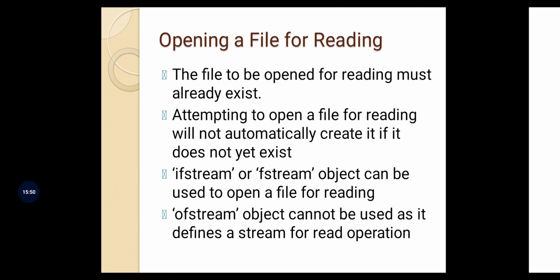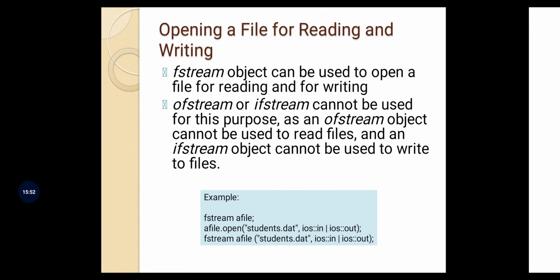Now in this case what happens? I can perform both the read and the write operations, right, for this file. That means I can use the same object, that is a file, to perform both the read and the write operations on the file.